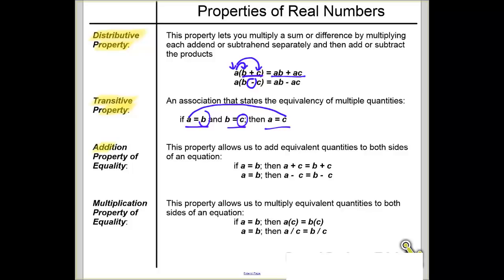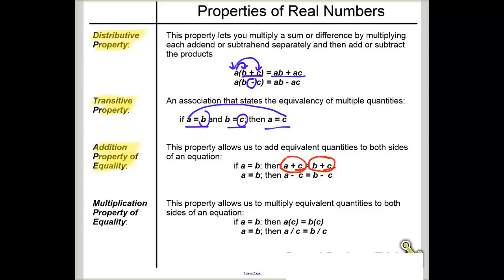Addition property of equality. A lot of us have seen this before. We use this when we're solving equations. So if we have A is equal to B, and I add C to both sides, and C is equivalent on both sides, so this C equals this C, then the result will still be this side equaling that side right there.